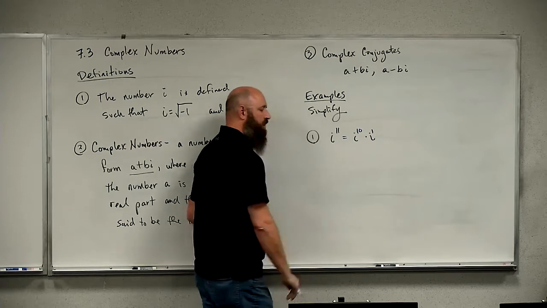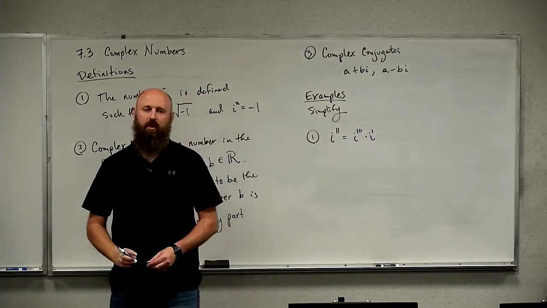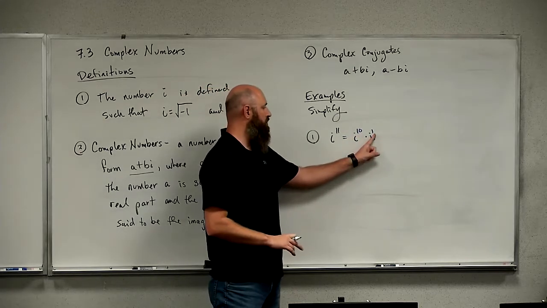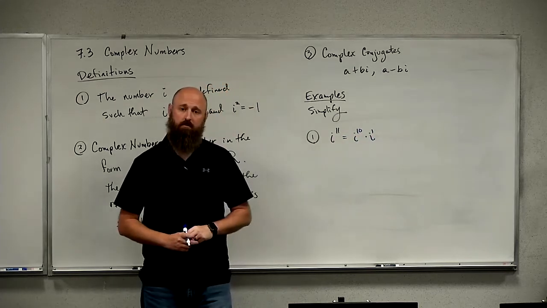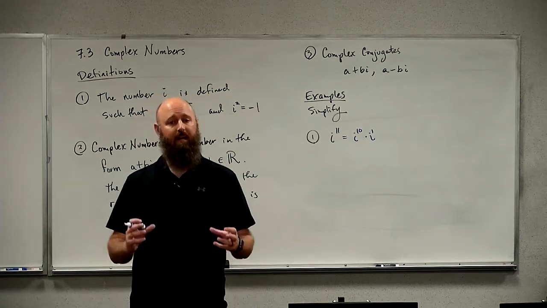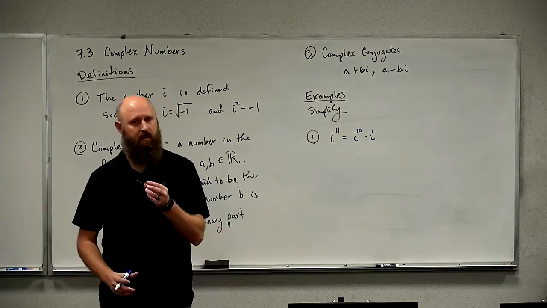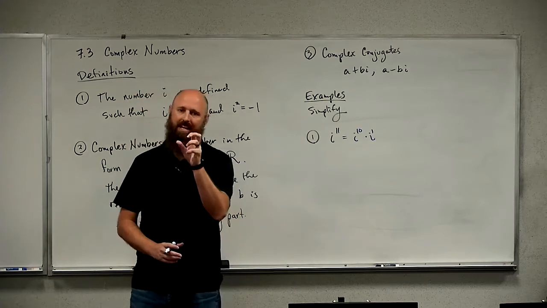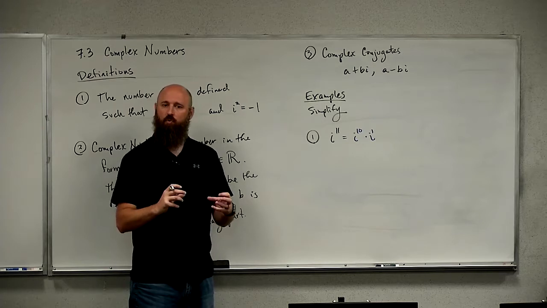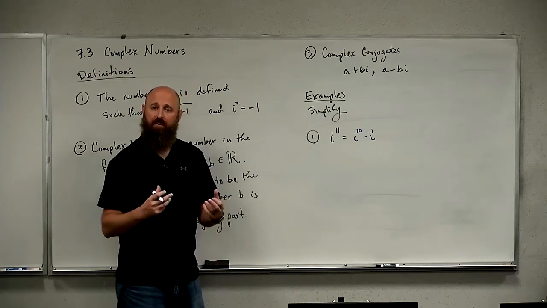Okay, I'm going to put a 1 there. You don't have to do that. I'm just doing it for emphasis on this problem. But 10 plus 1 is 11. Okay, that's where it's coming from. All right, now, why did I do that? Now we have an even. We have I to the 10th. That's even. So I can actually break that down into I squared to a power by dividing.